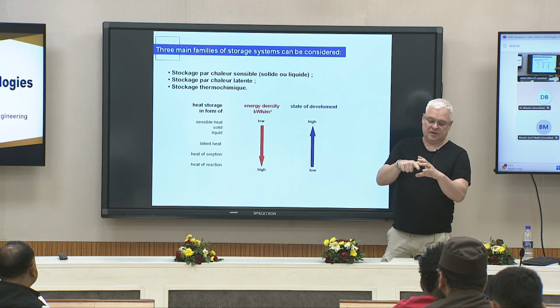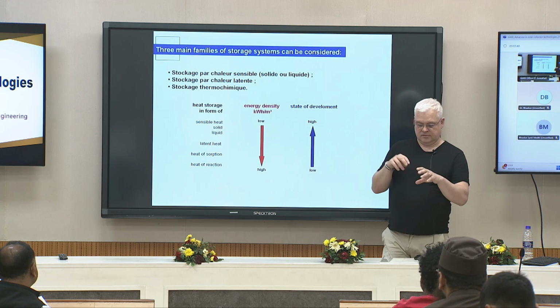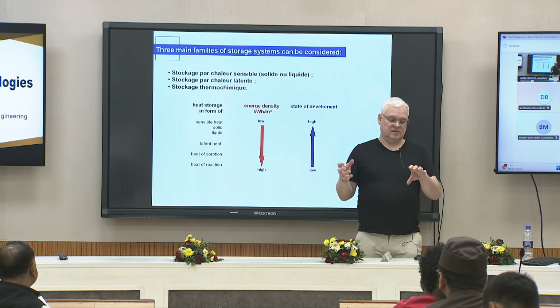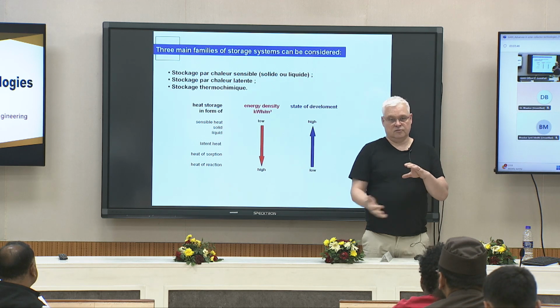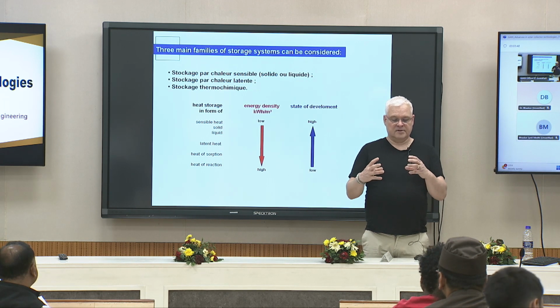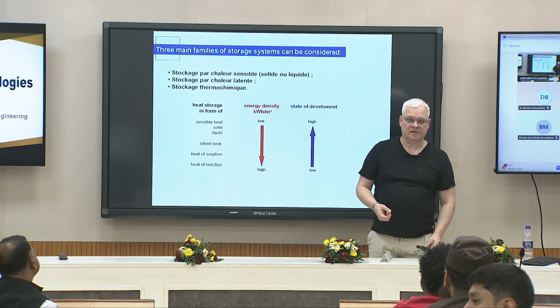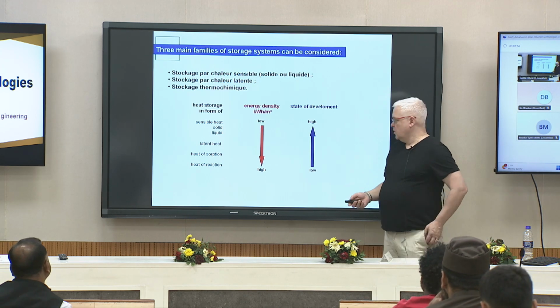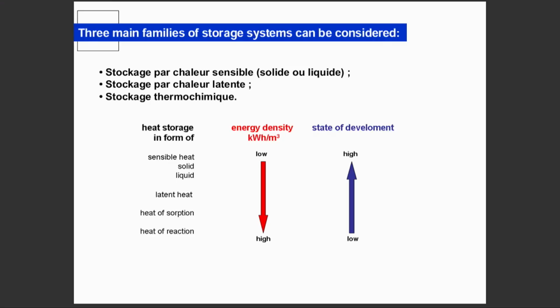So you inject some heat, they are melting, and in order to melt, they need to absorb latent heat to make this possible. And when they are becoming solid again, they release this heat as latent heat. Okay, and the last one, it is sorption, as I just described. It is also used for a long-term thermal storage.